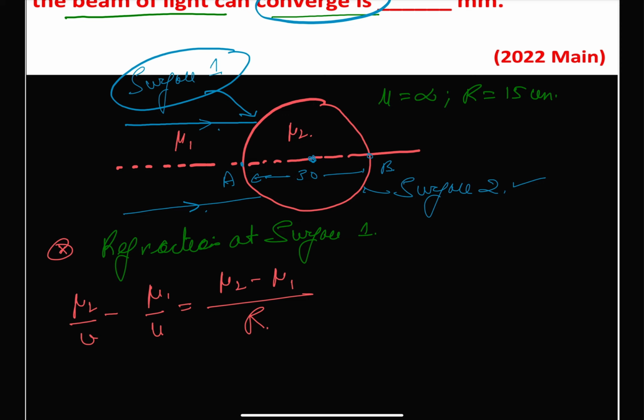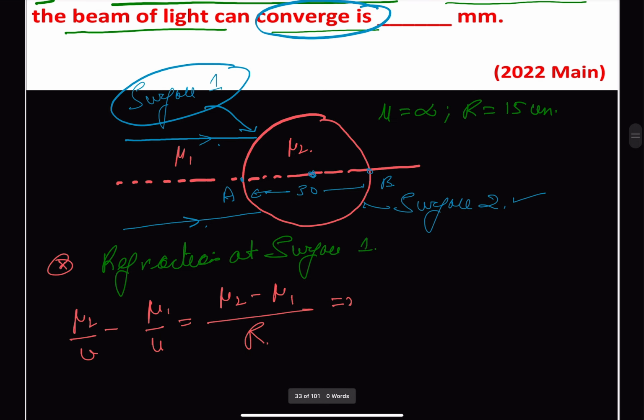And we substitute the values. mu2 is given to us as 1.5, so this comes as 1.5 upon v1 minus 1 upon infinity is equal to 1.5 minus 1 divided by plus 15. We can just write it as minus infinity also, it doesn't matter.